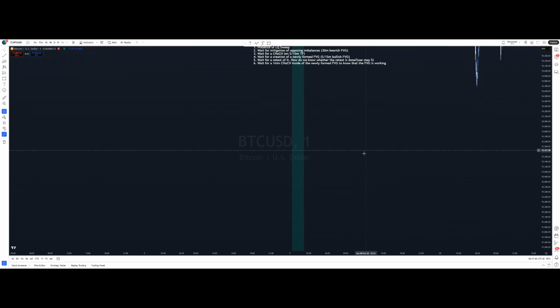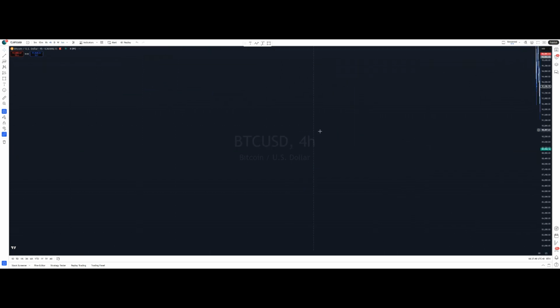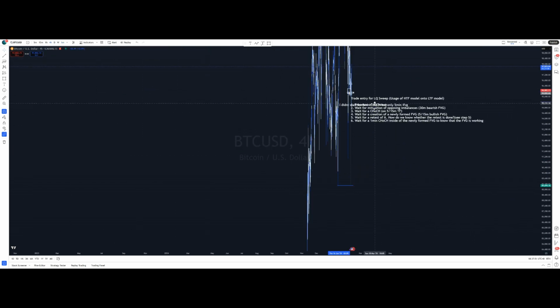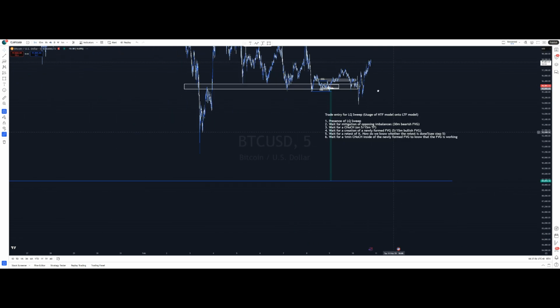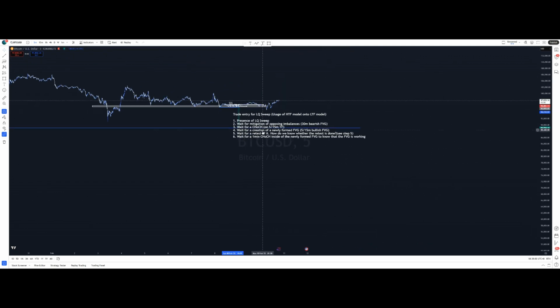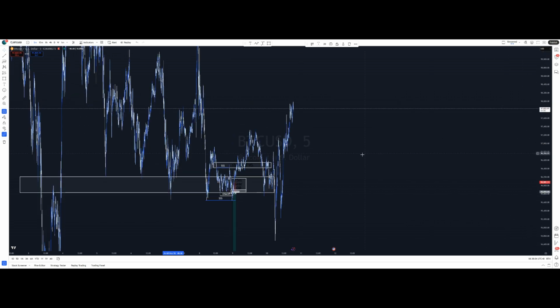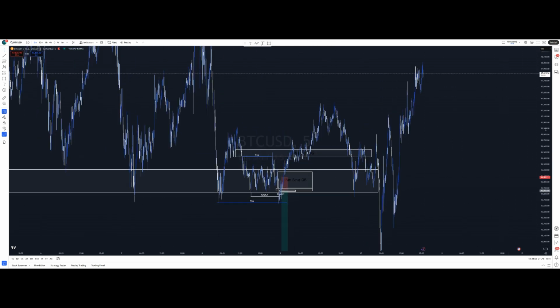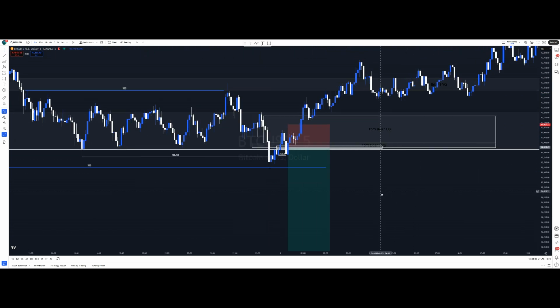Firstly, I did not wait for the 5 minute bearish change of character. So now we're on the 5 minute.